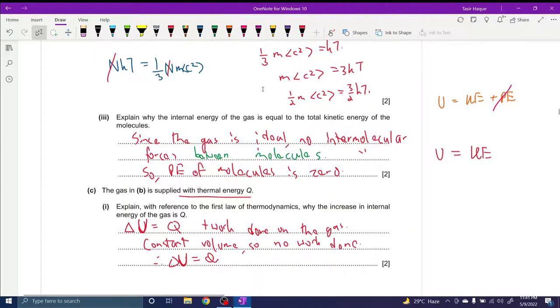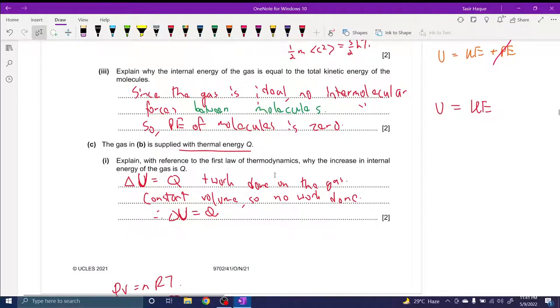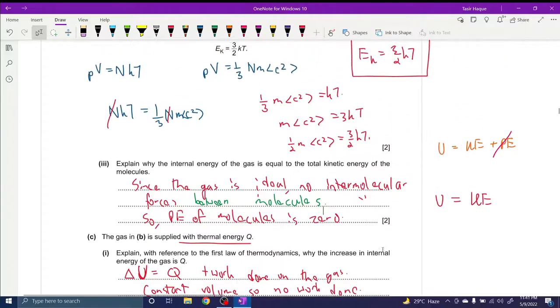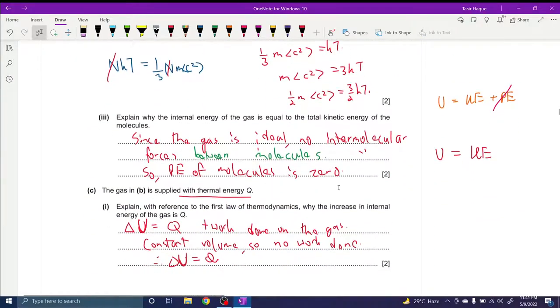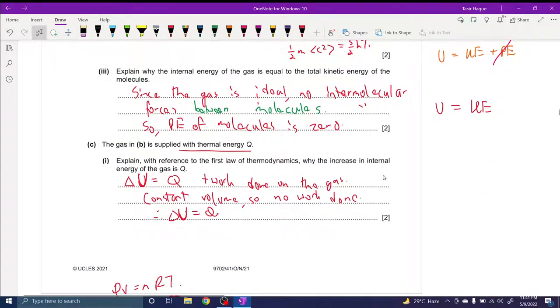Now the gas in B is supplied with thermal energy Q. Explain with reference to the first law of thermodynamics why the increase in internal energy of the gas is Q. Look, the gas in B is of fixed volume. Typically, there are two changes in a gas when you apply heat.